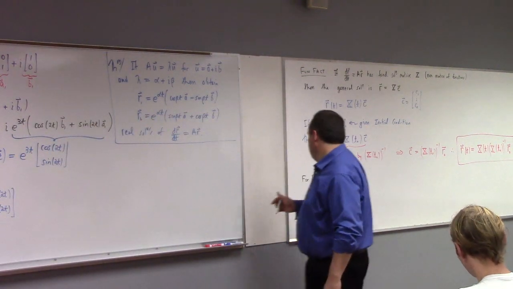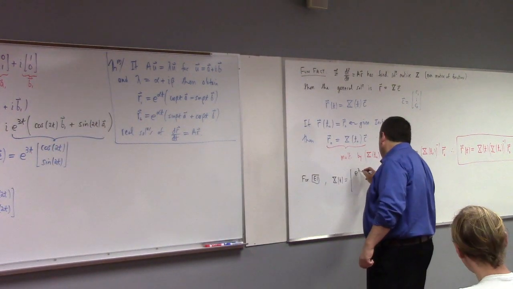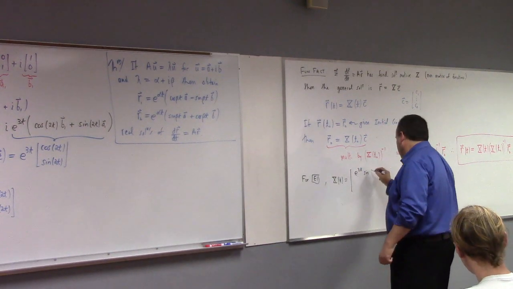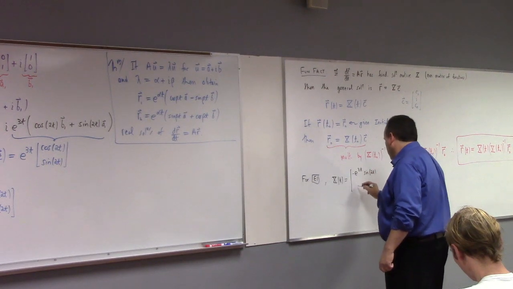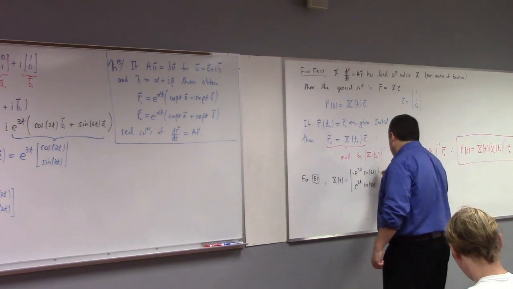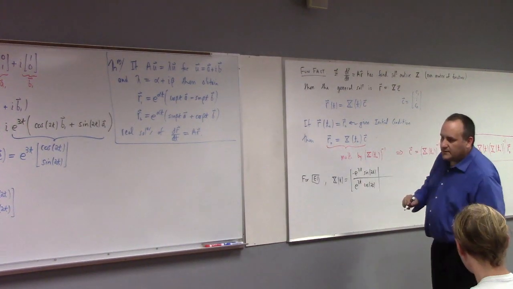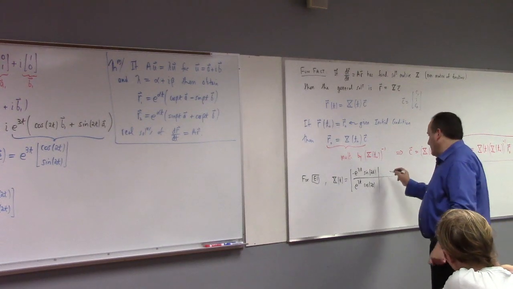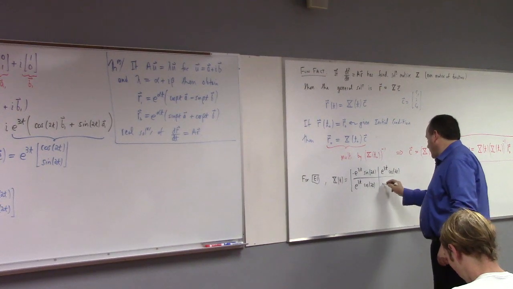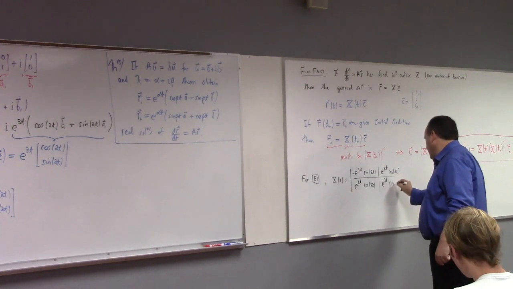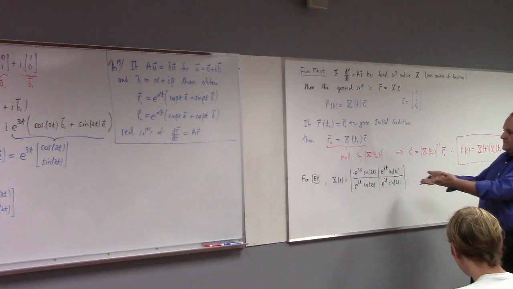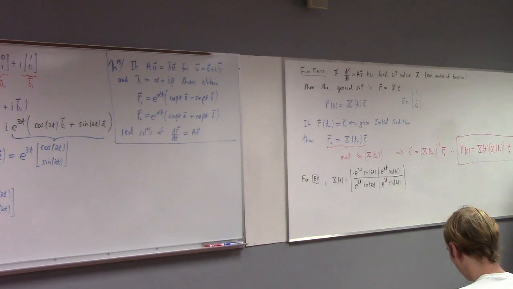And so we'll have e to the 3t sine 2t, there's a minus here, e to the 3t cos 2t, and e to the 3t cos t, e to the 3t sine 2t rather. So there you go. This is the fundamental solution matrix for example 1.